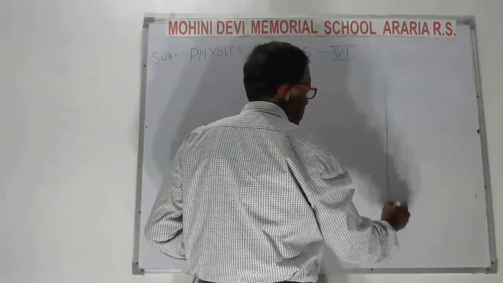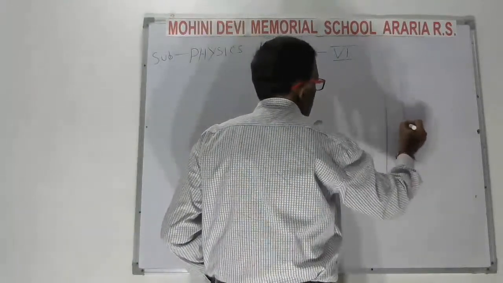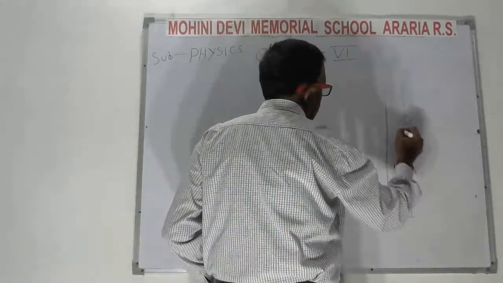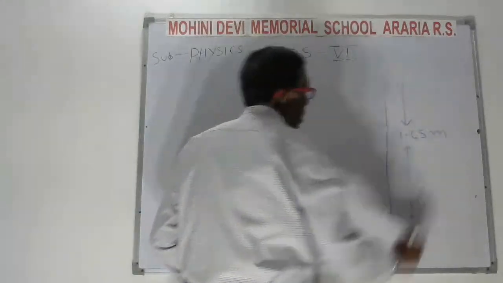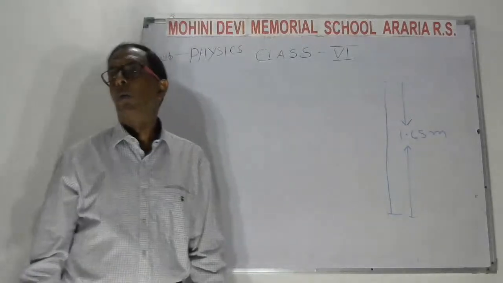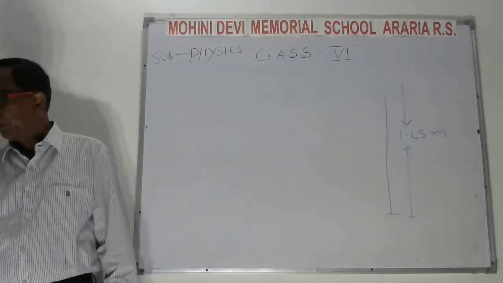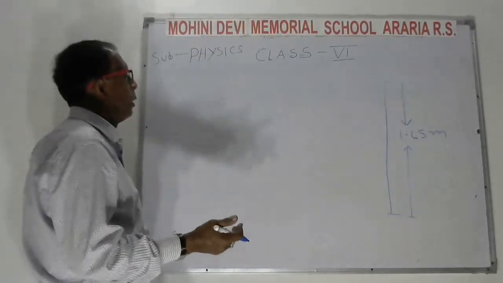This is a person, and its height is 1.65 meter. You have to convert it into centimeter and millimeter.